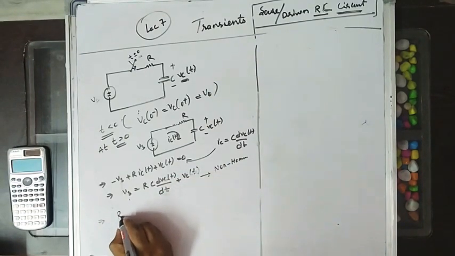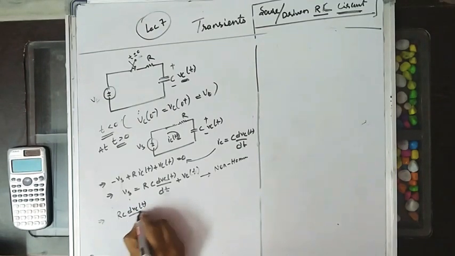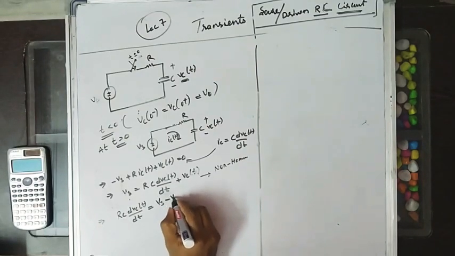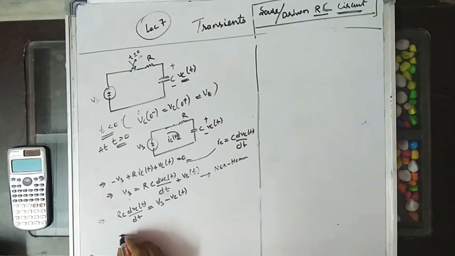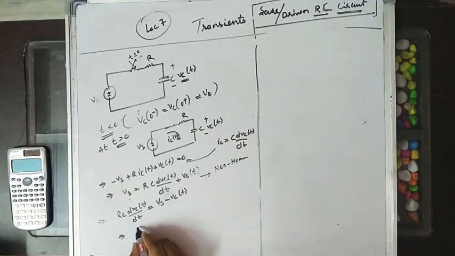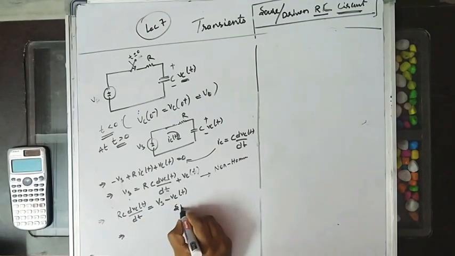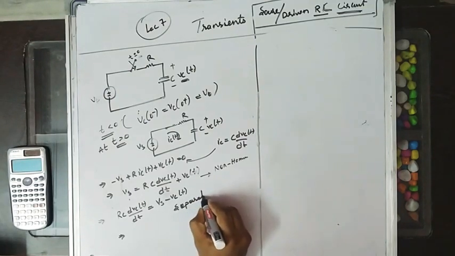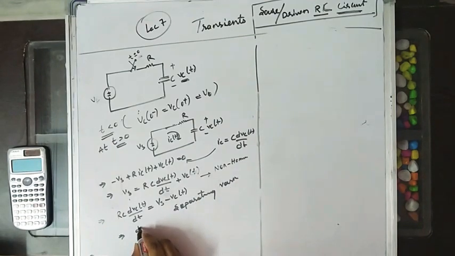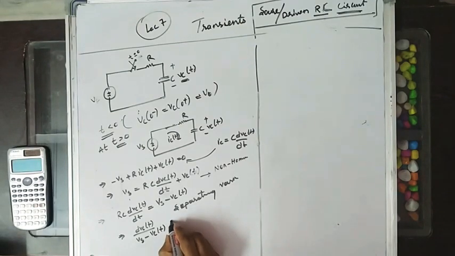So dVc by dt becomes Vs minus Vc of t, divided by RC. Separating variables means we bring the Vs minus Vc term to one side and time and RC to the other side. This becomes dVc of t by Vs minus Vc equal to dt by RC.